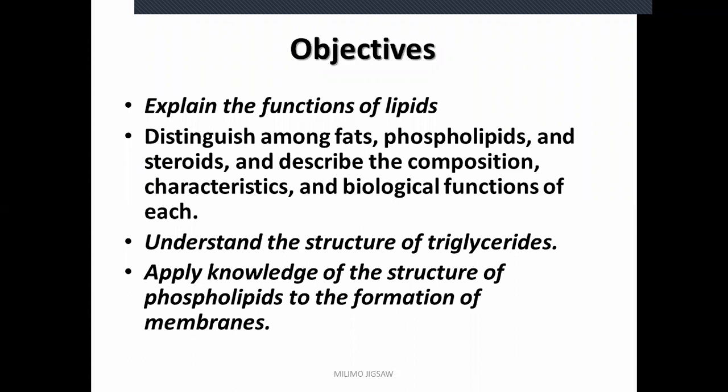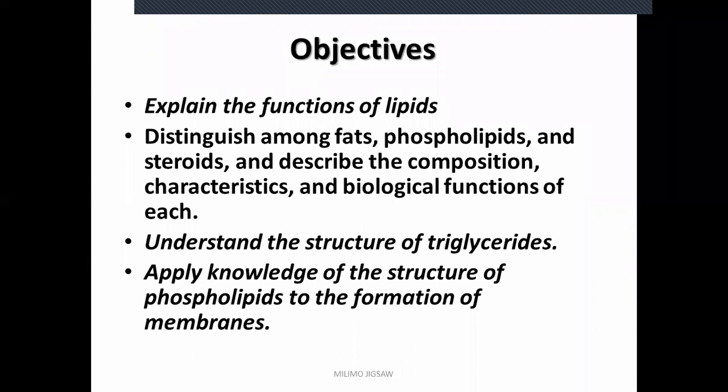Then we need to distinguish among the fats, the phospholipids, the steroids, and also to be able to describe the composition of these molecules, their characteristics, and also their functions.